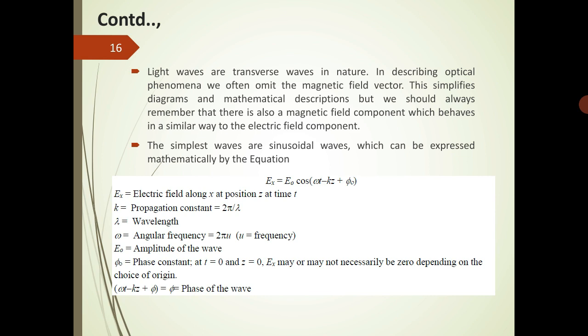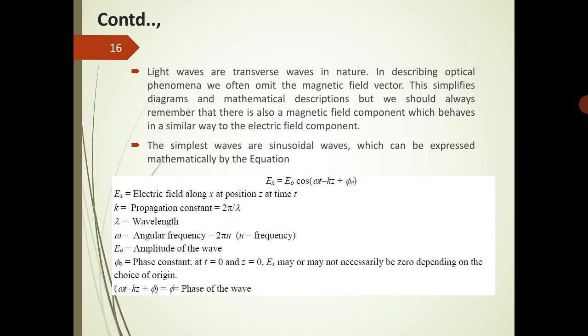Ex is equal to E naught cos of (omega t minus k z plus phi naught), where Ex is the electric field along the x-axis at the position z at the time t, and k is the propagation constant, whose value is 2 pi divided by lambda. Lambda is the wavelength and omega is the angular frequency.